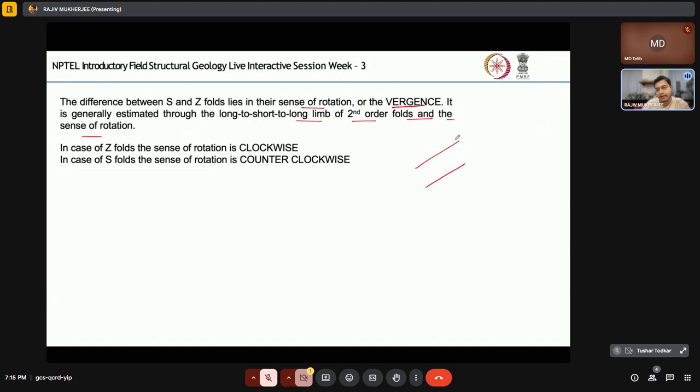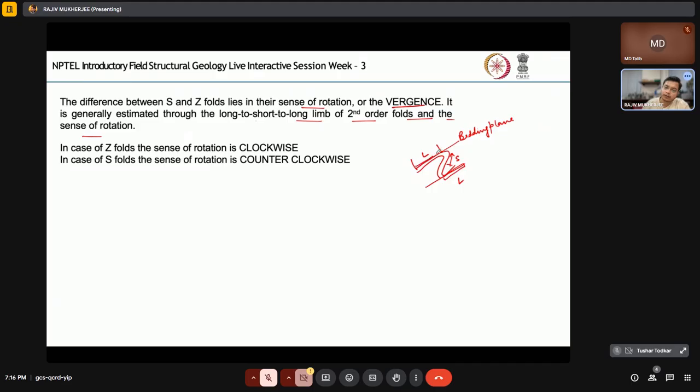Right. So if I have a bedding plane like this, for a layer that has generally been folded, and if I get a fold like this, a parasitic fold, this will be the long limb, this will be the short limb, and then again this will be the long limb.